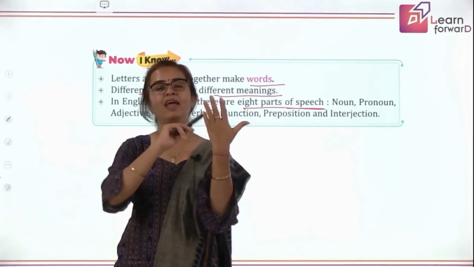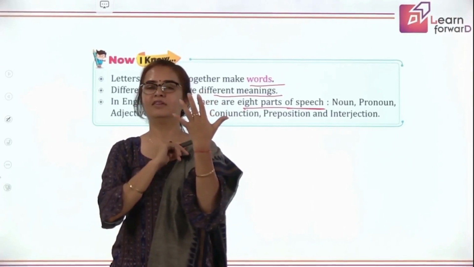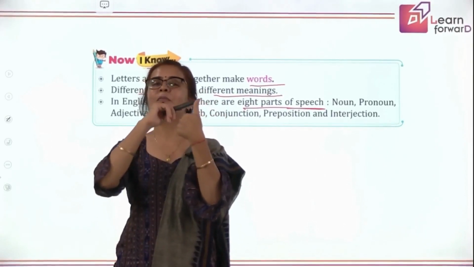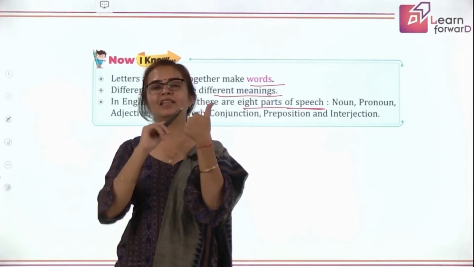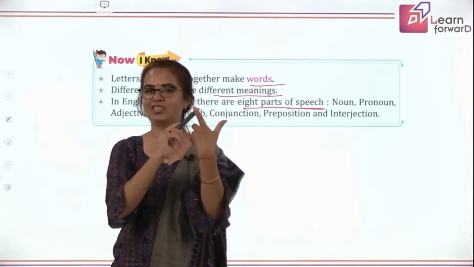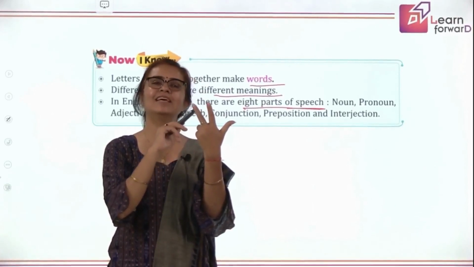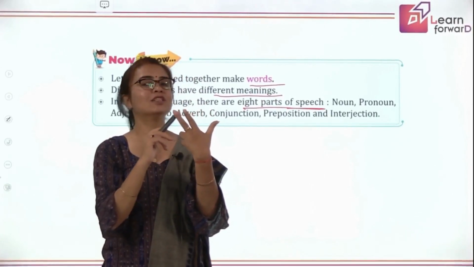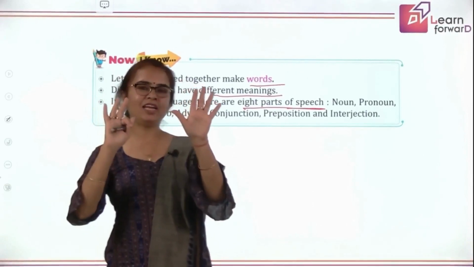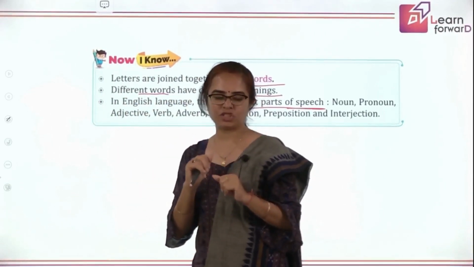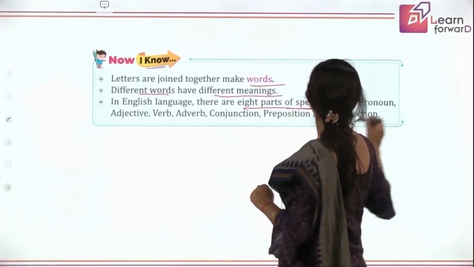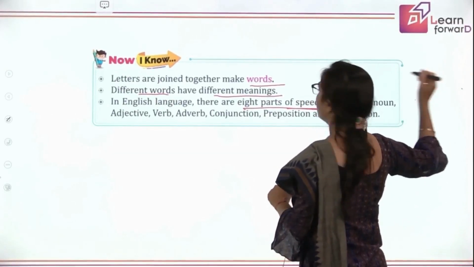Then adverbs. Next is prepositions. Then conjunctions. And last but not the least important is interjections. So these are the 8 parts of speech in the English language. I hope you have understood this.